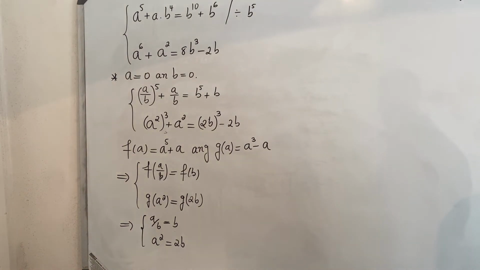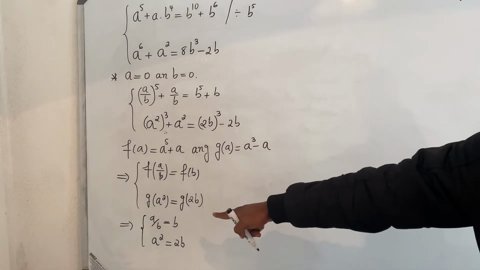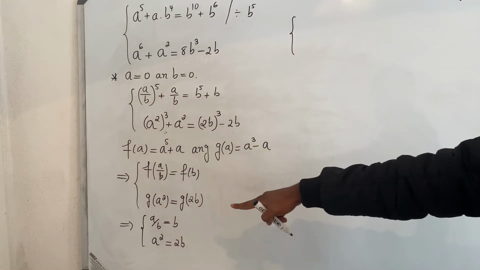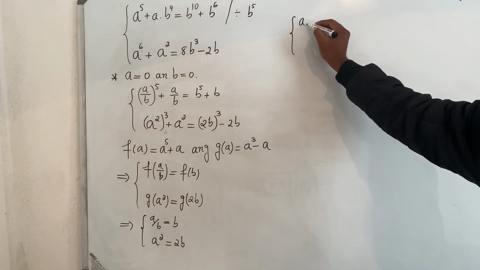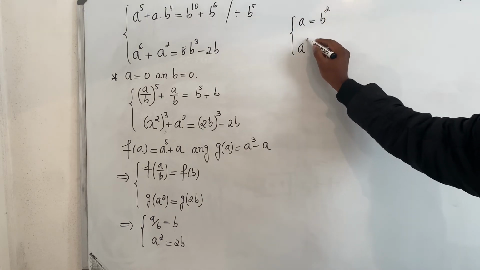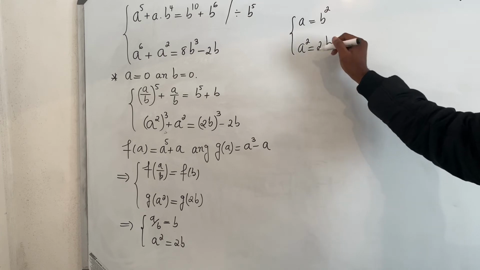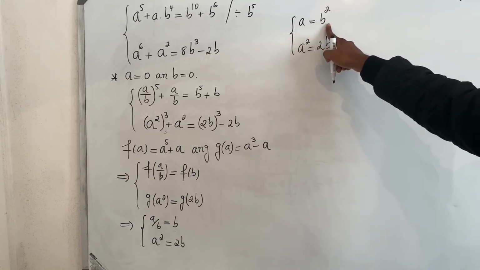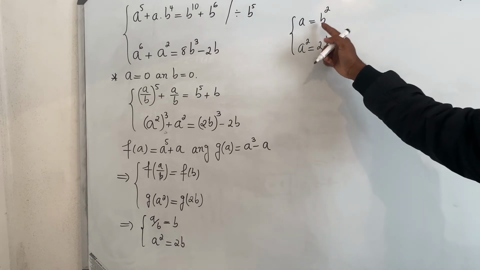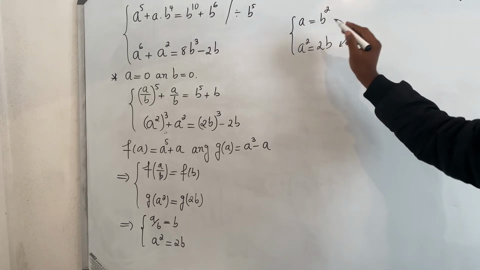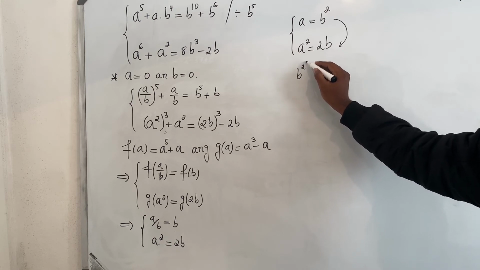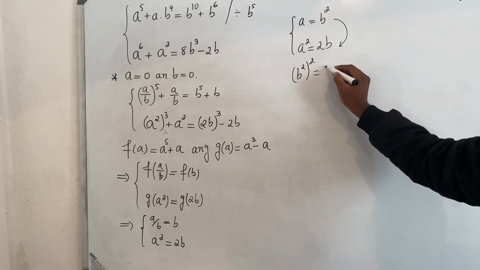Okay, now what do we have to do? We can isolate a. So a is equal to b squared, and then we have a squared equal to 2b. If a is equal to b squared, we can substitute to find the value. Putting the value of a here, we have b squared all squared equal to 2b.